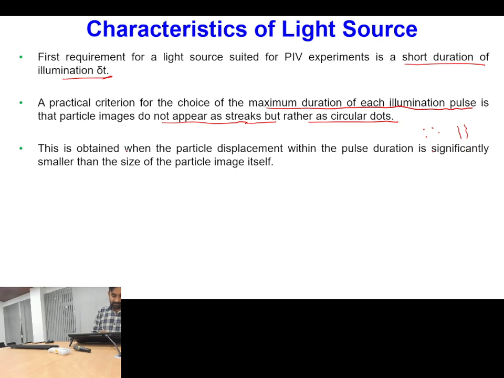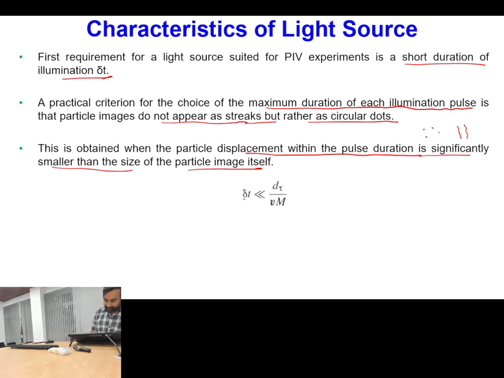Third point is, the particle displacement within the pulse duration should be significantly smaller than the size of the particle itself. It means the delta t of the pulse should be so small that the particle has displaced by less than the size of the particle. So that is the third requirement.